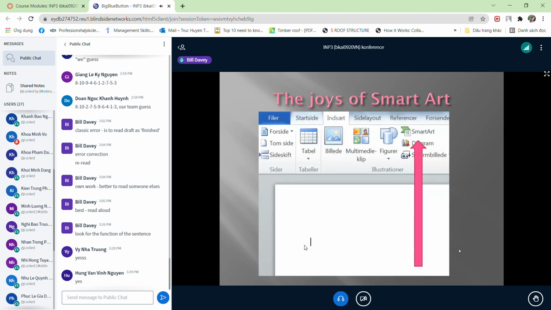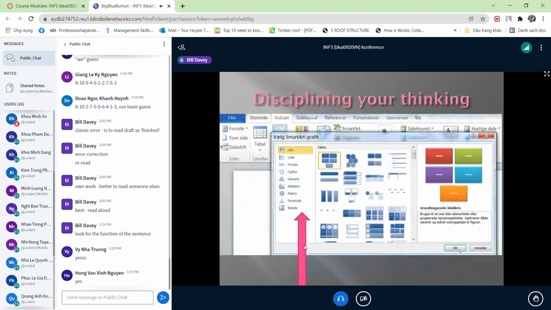So this is obviously a Danish screenshot of my smart art in Word, but smart art's there in PowerPoint as well. But you find smart art, and then when you've found your smart art, you can discipline your thinking. And you do that by looking at the list. Now, I know the list is in Danish, but it isn't that different from the English, so I'll go through it in English.